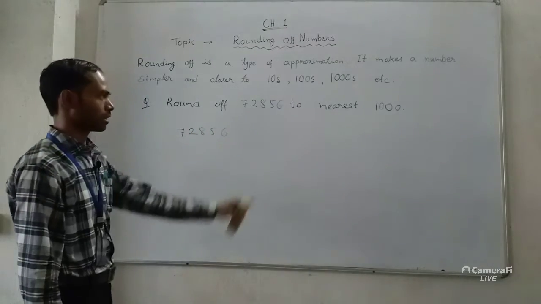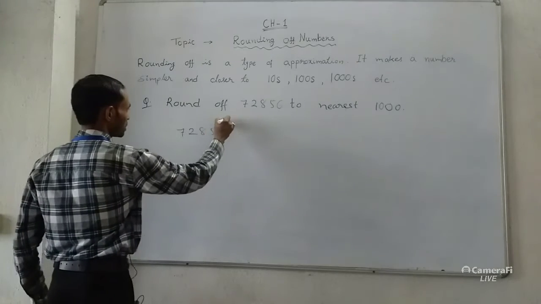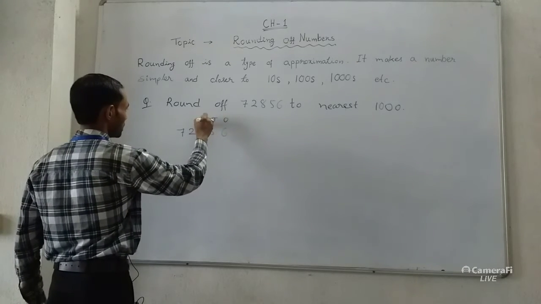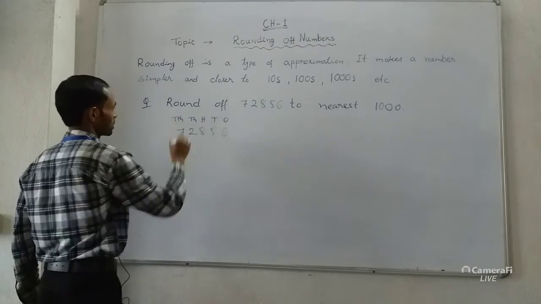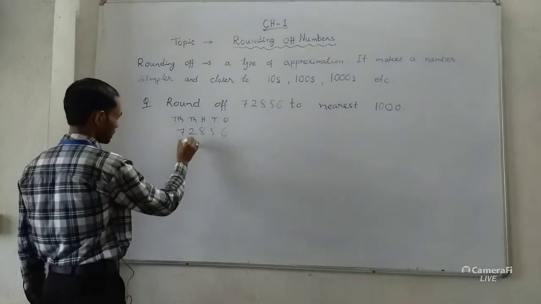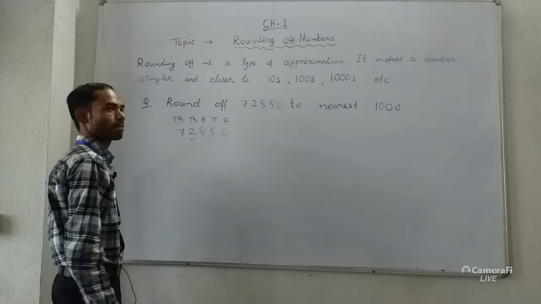First check what the thousands place digit is. This is the ones place, tens place, hundreds place, thousands place. This is the ten thousands place. So the thousands place digit is 2.